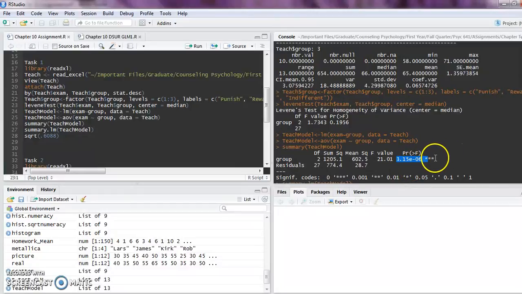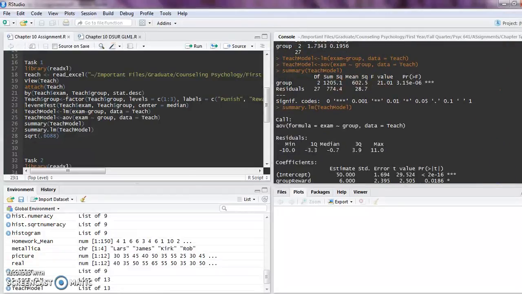We see the little stars by it, and it's also way less than 0.05. So that means we do have a significant effect, which is good. So there was a significant effect of teaching styles on exam scores, which is kind of cool to know.